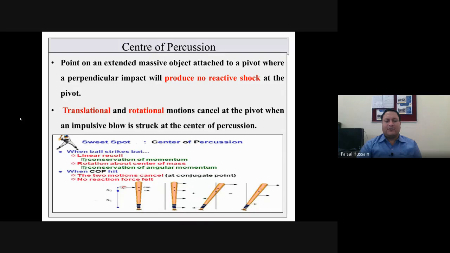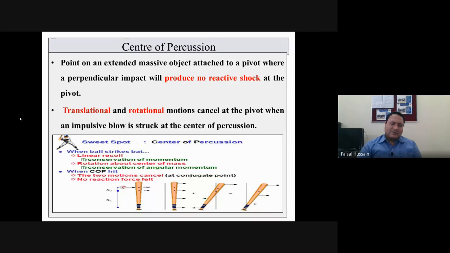There are two parameters. One parameter is that a batsman is batting, it strikes the ball. The striking is so effective that there is no vibration on the handle, and the ball speeds away and goes out of the boundary.